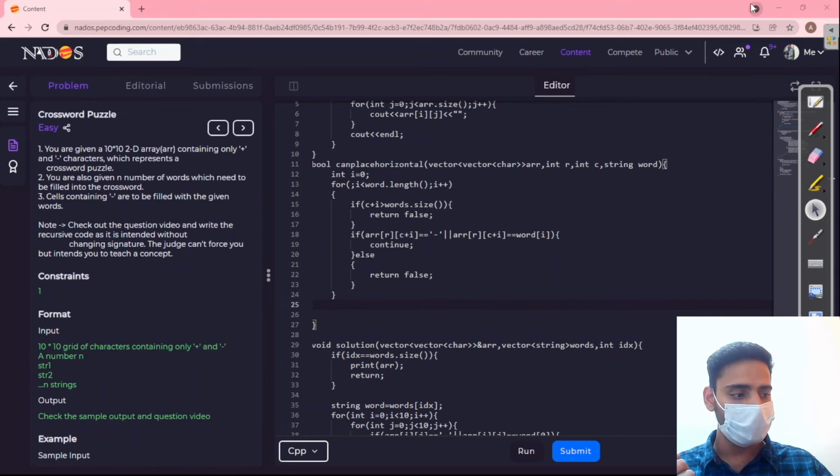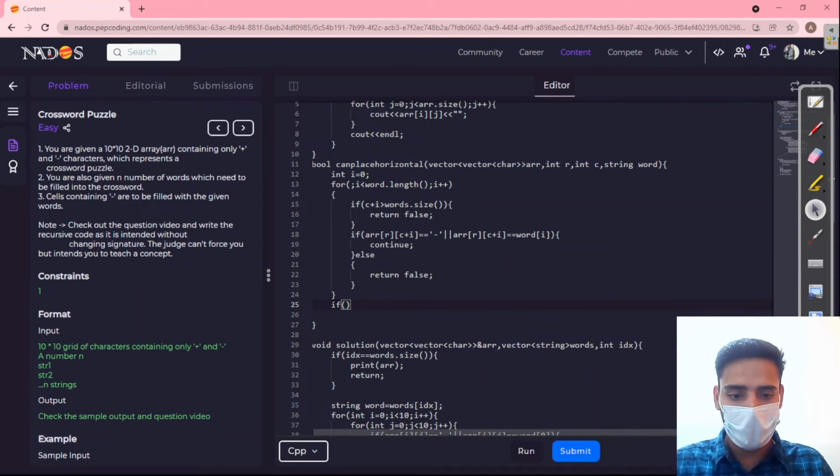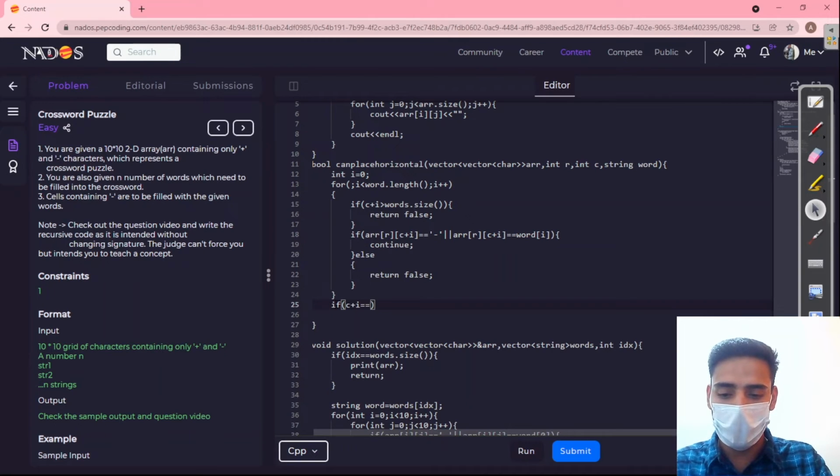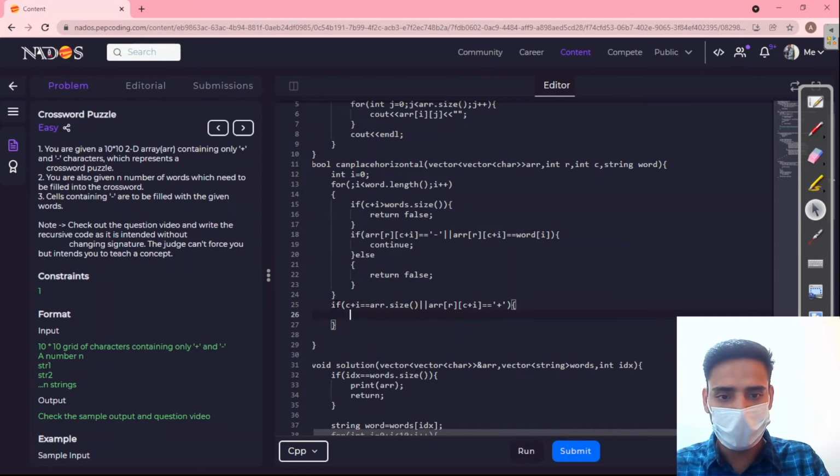So let's go and try to code this. When we get out of this loop, if C plus I is equal to the length of our array, so ARR dot size, or ARR of R, C plus I is equal to plus, this is the condition in which we will return true.